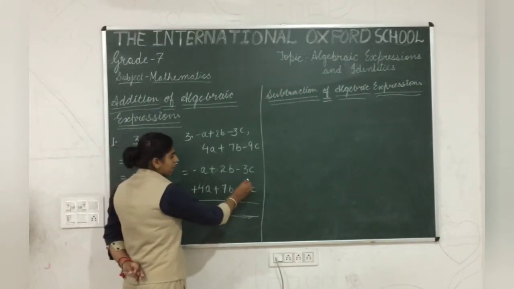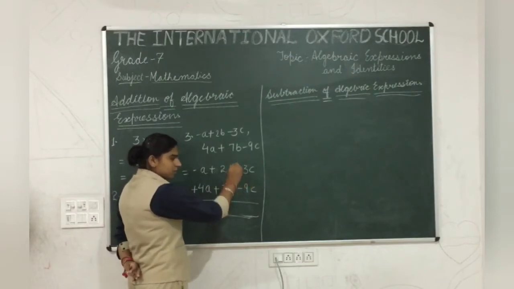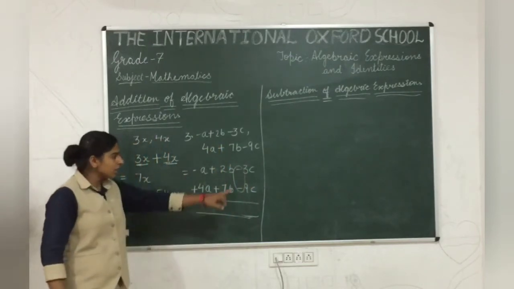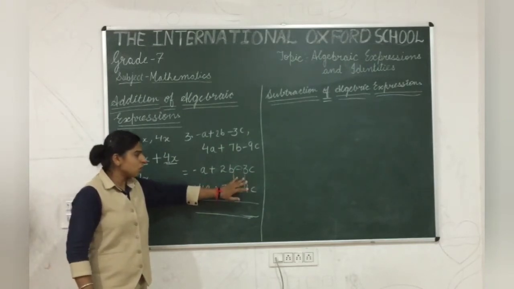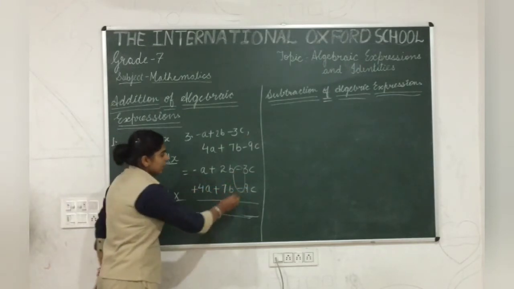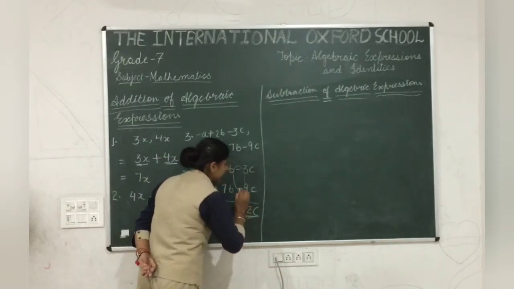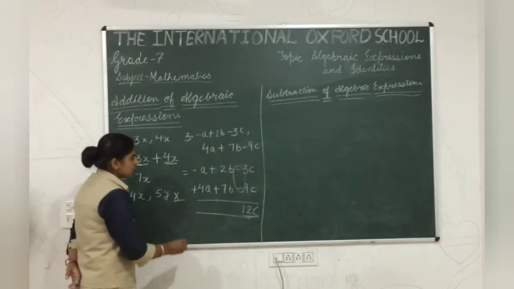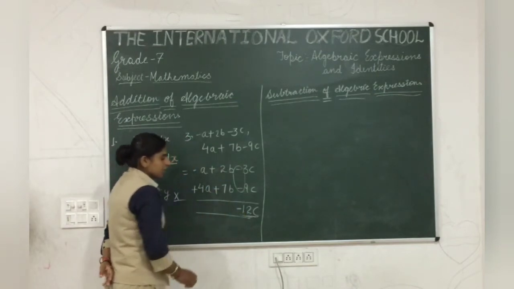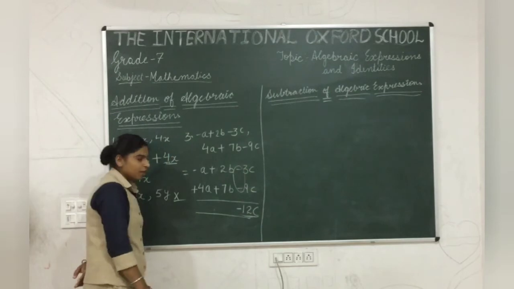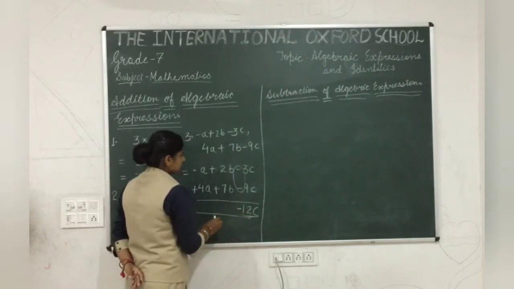So minus 9c minus 3c, both these signs are same. If there are like signs, then there will be the operation of addition. 9 plus 3, that is equal to 12. And the sign with the greater term. It means minus 9c minus 3c, that is equal to minus 12c.